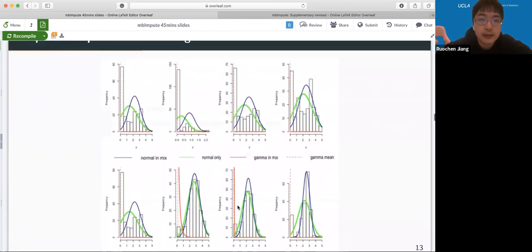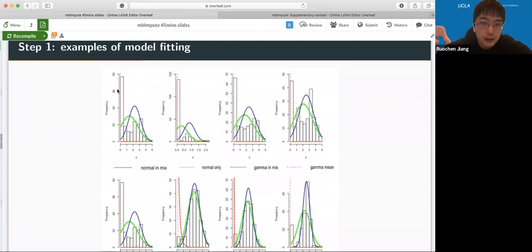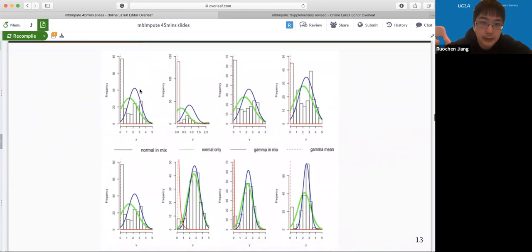Okay, so here is the example of the model fitting. So those are coming from the real data. And we can see that we have this bar corresponding to the probability of getting, or the proportion of the values that are zeros in the real data for one taxon or for one bacteria.